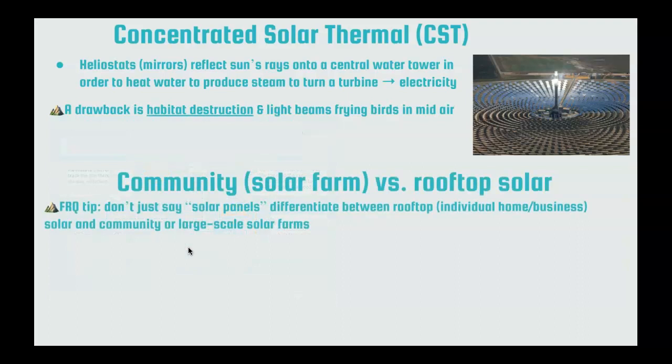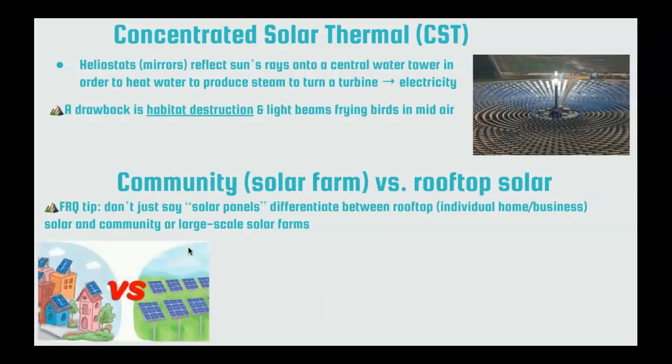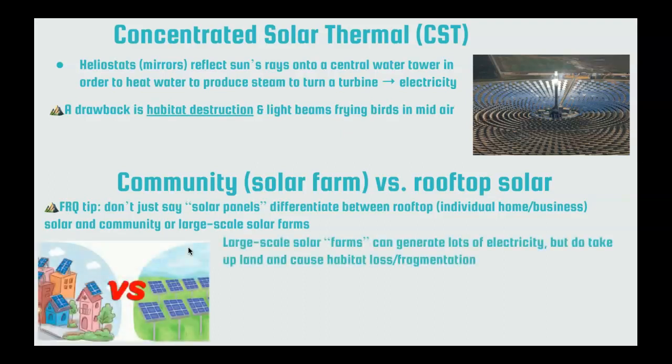All right, when we're talking FRQs and solar panels, you need to differentiate between whether these are rooftop solar panels that we might be using on an individual basis, or a solar community or a large-scale solar farm, because it's important to note the difference.